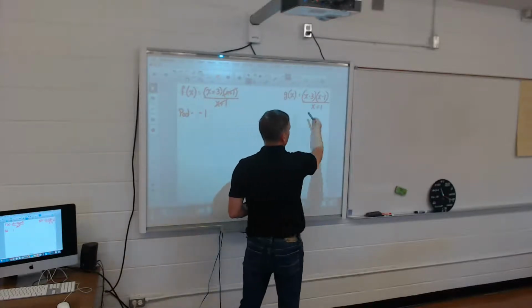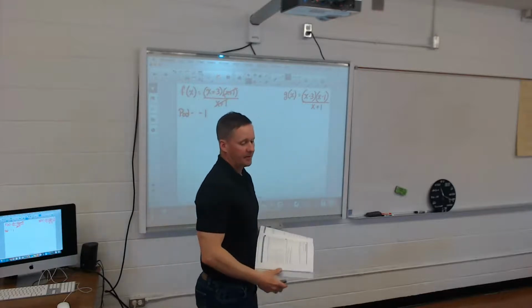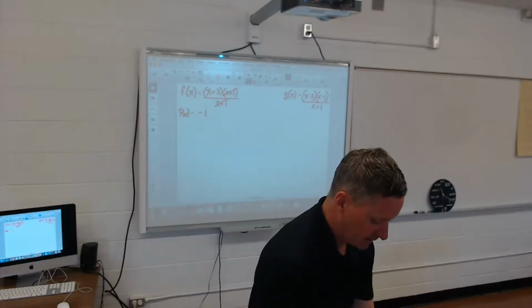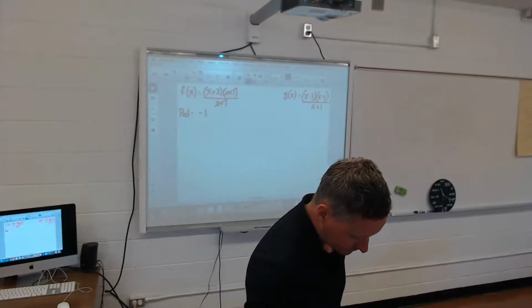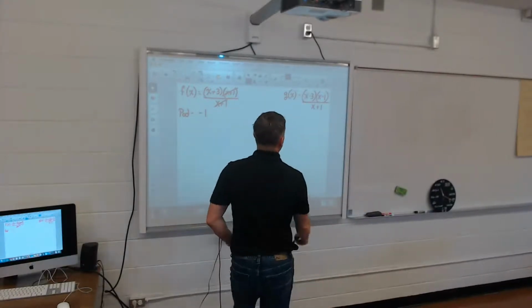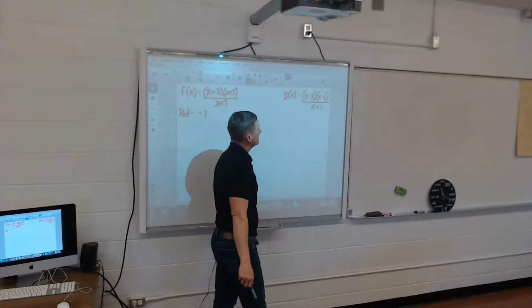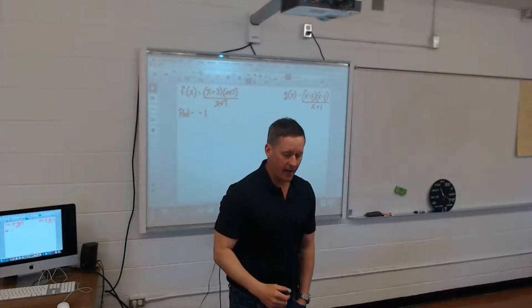And in this one, I don't have a common factor, so I have no point of discontinuity. I am going to have an asymptote at x equaling -1, and I can very easily graph that.